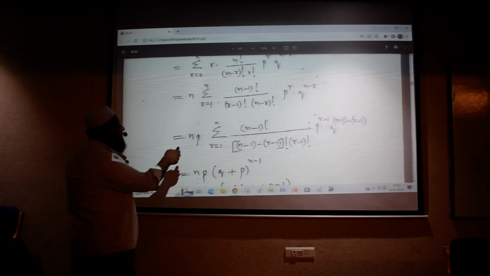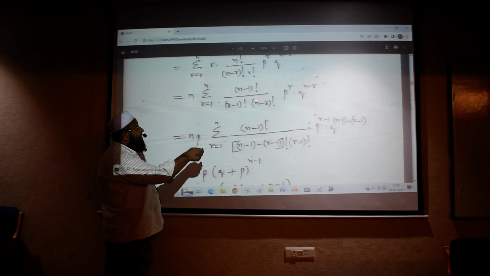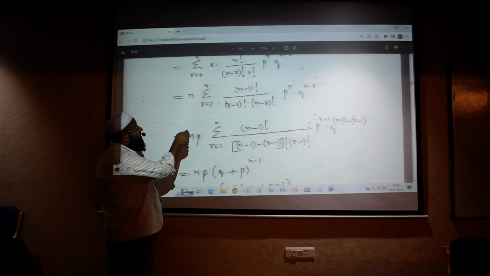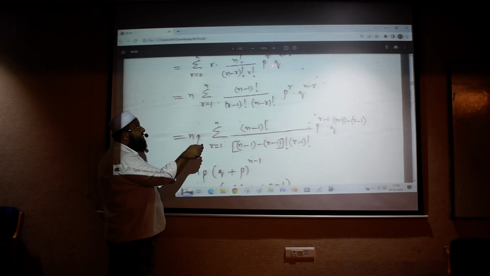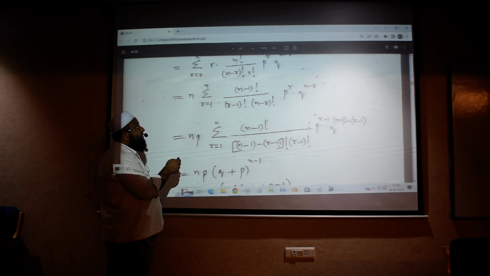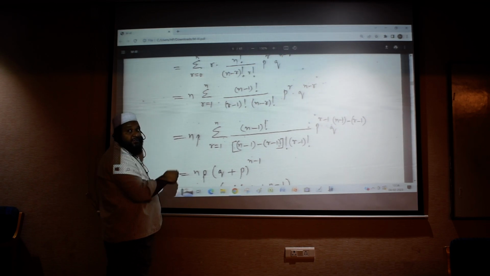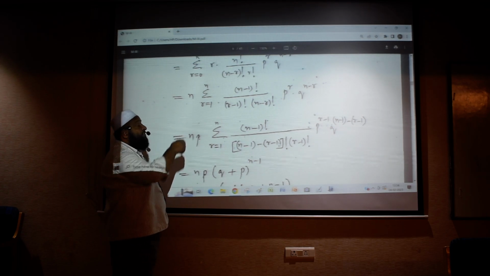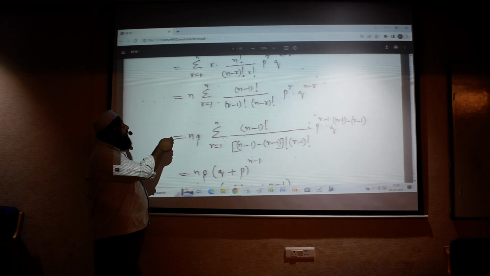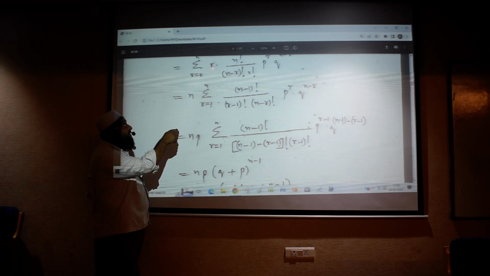Yes, this much is enough, right? What was the previous one? That I replaced with this one, I said no? Yes, sir. This is nCr, this as it is, r as it is. Now, if you start with r value 0, what happens? Actually, this summation starts from 0 to n. So when r is 0, this r becomes 0, no?